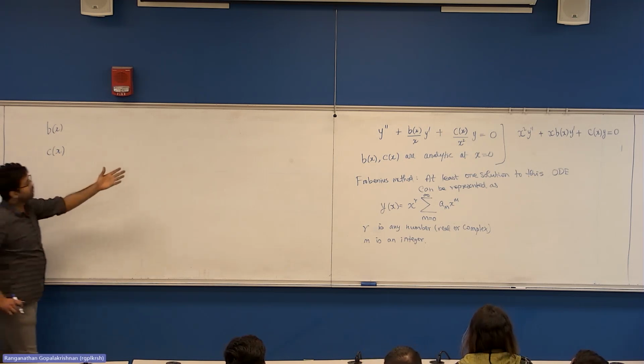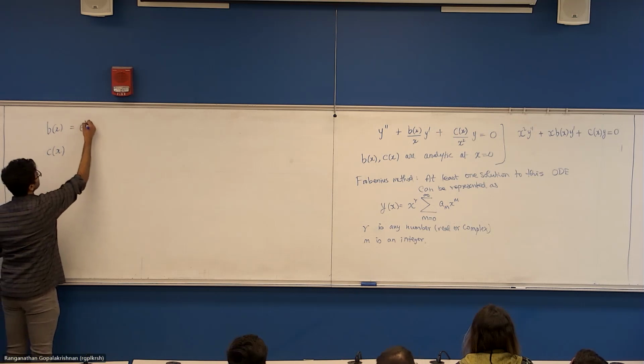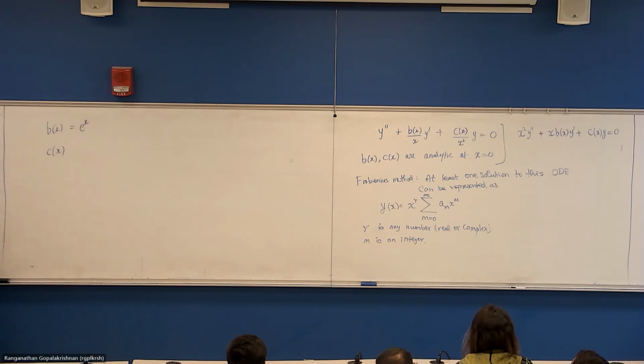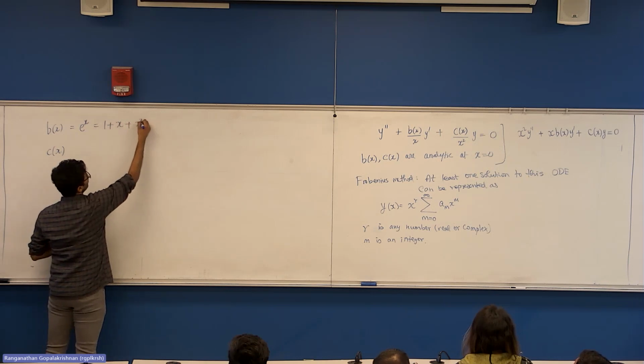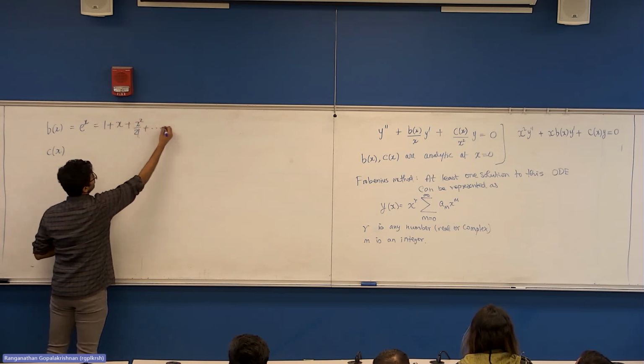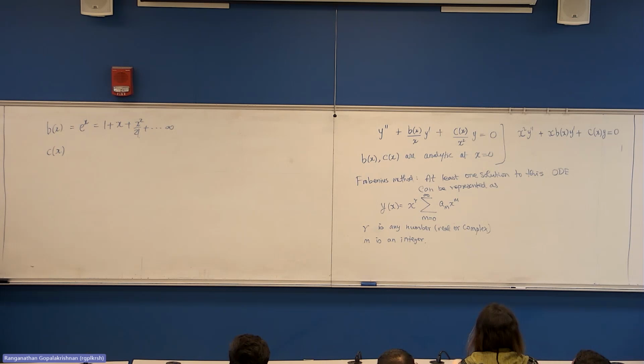Suppose b of x is e power x. It's 1 plus x plus x squared over 2 factorial and so on up to infinity, right? If it is sine x, cos x, any elementary function, you know the power series.